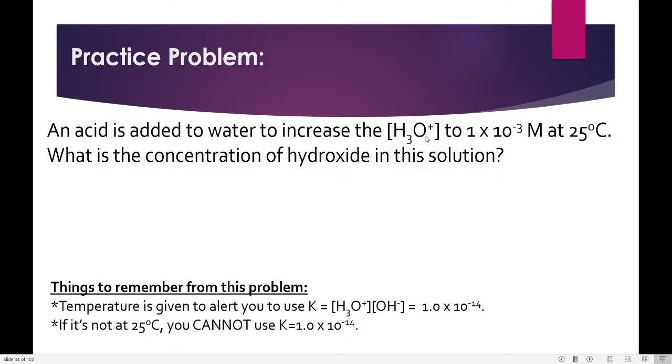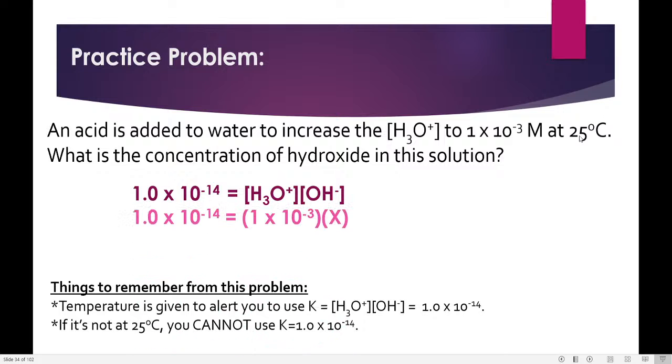Okay, so I'm going to plug it in on the right side of the equation. And that means I'll only have one variable remaining, and that's what I'm going to solve for. So watch this. I recognize that this is the equation I want to use because it's 25 degrees. I'm just going to plug in the number that they gave me for hydronium and solve for the other variable. That's it. Very basic algebra.